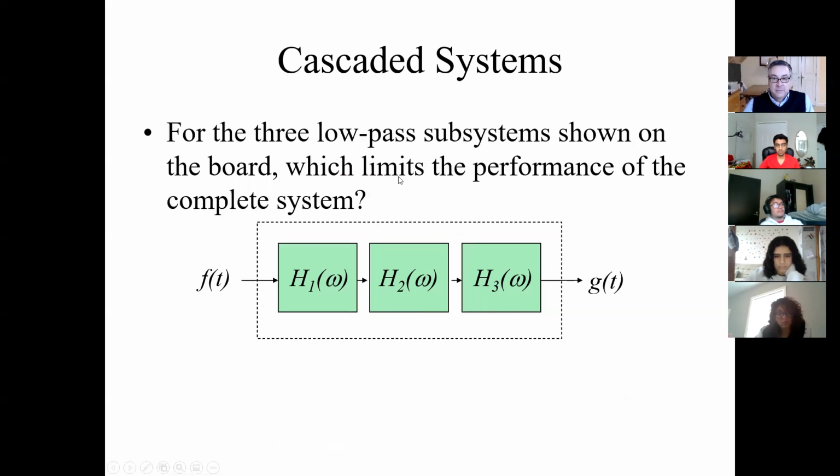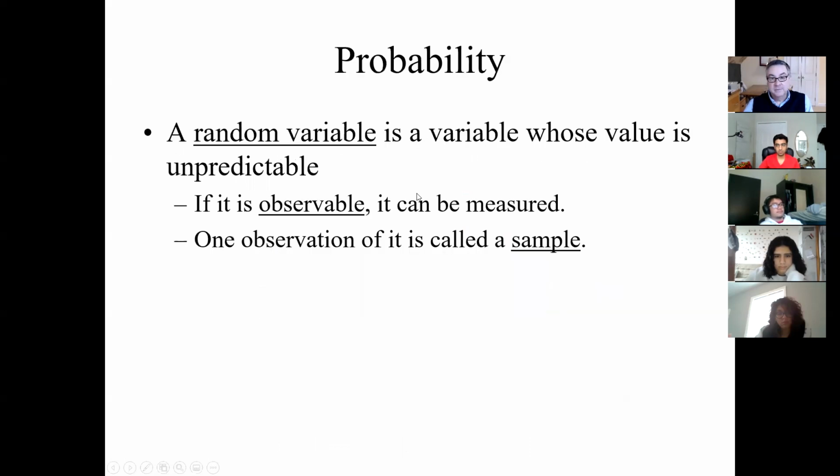Well, we are almost to the end of our time and only just at the beginning of the probability stuff. So I'm just going to give you a quick idea of where we're going with this.